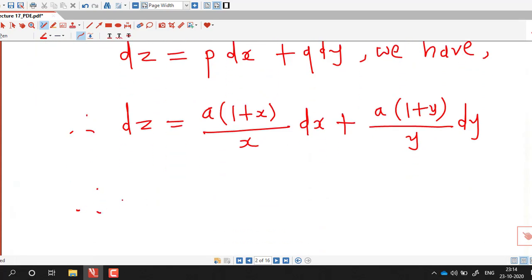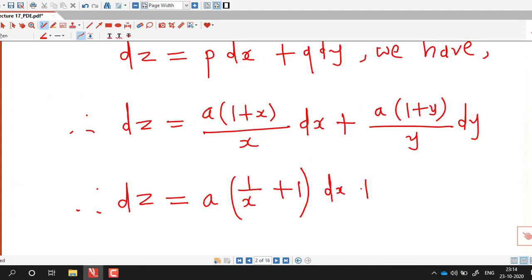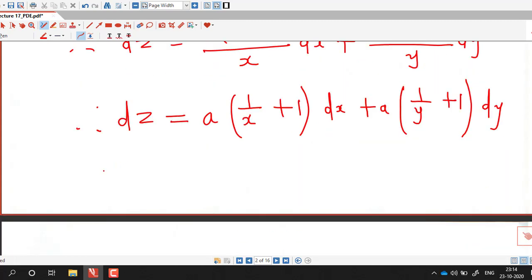So this now we can integrate. Before integrating we rewrite this as A times (1 by x plus 1) dx. Similarly, this I can rewrite as (1 over y plus 1) dy. Okay, now we integrate.